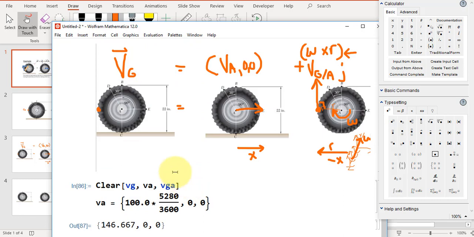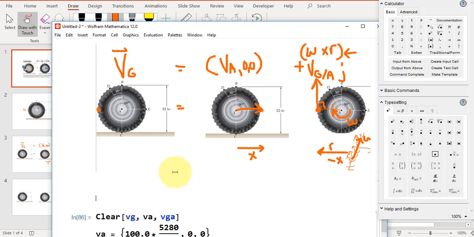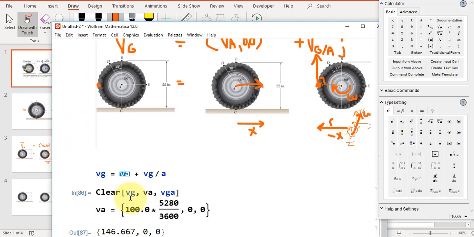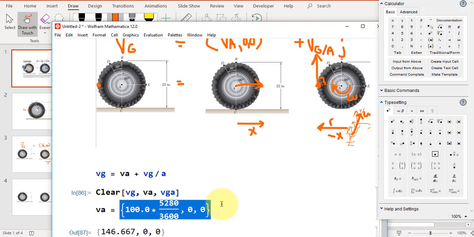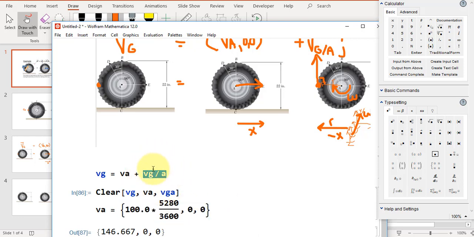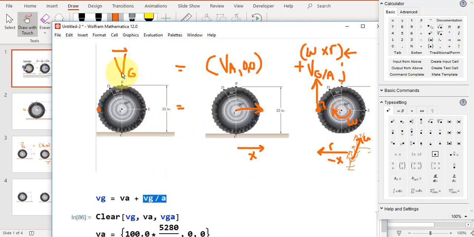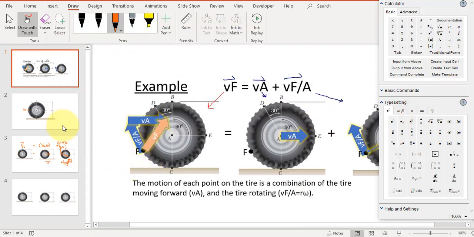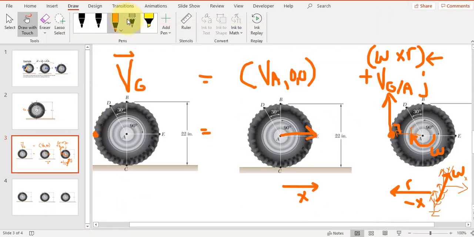The final thing that we're after is velocity of G is equal to velocity of A plus the velocity of G with respect to A. So that's the X, Y, Z components of this first piece. The next piece of it is the rotational motion of the tire. And the overall motion of G is going to be a combination of this. Let me just draw that in here real quick.